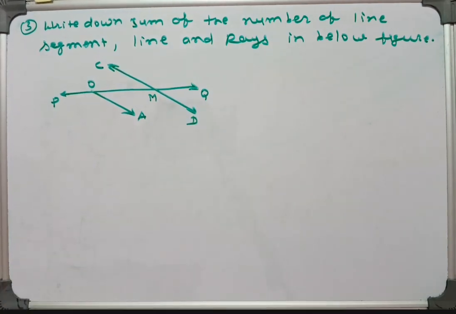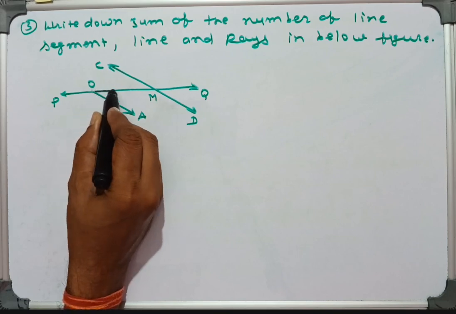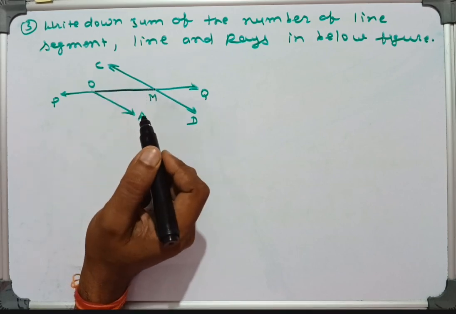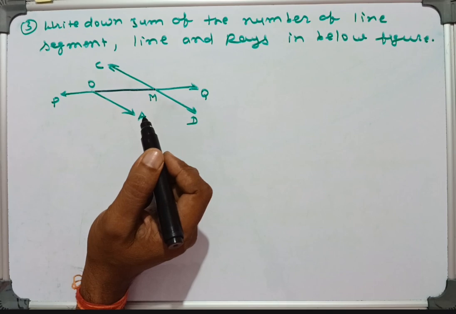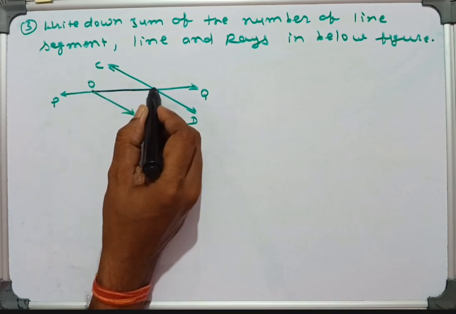Now the first is the line segment here. For better understanding for you guys, I make the line segment in black color in the figure. So see here, OM is a line segment. Why? Because as per definition of a line segment, the 2 points must be fixed points.